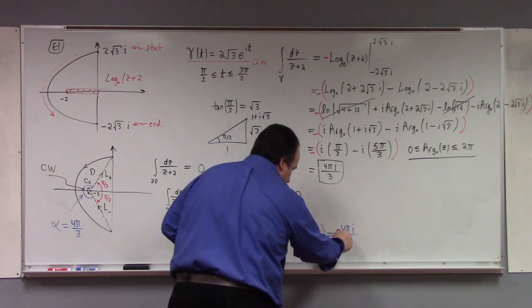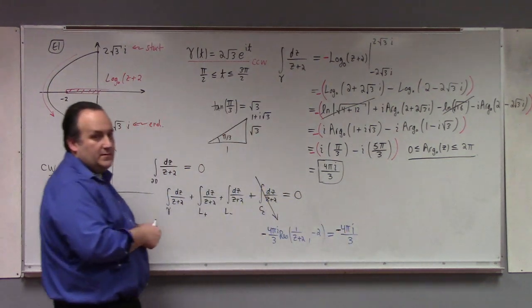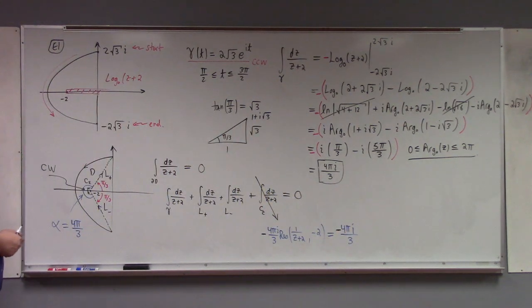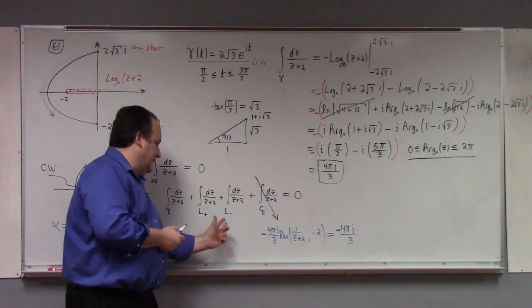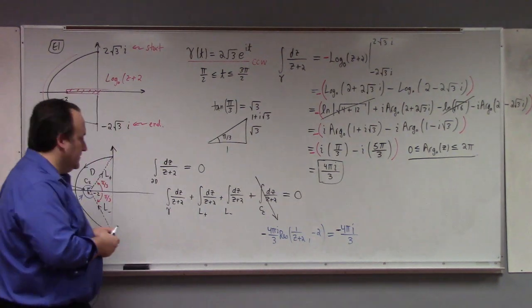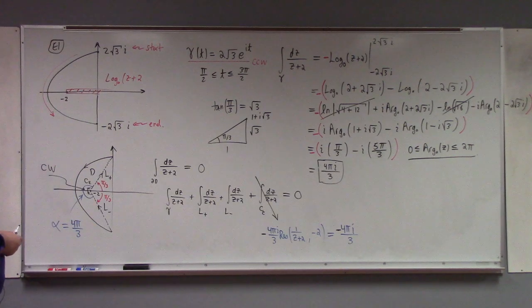That's the modified fractional residue theorem. So there's some argument that can be given to see that the L plus and L minus integrals cancel out, or they're both 0. I don't think they're 0.